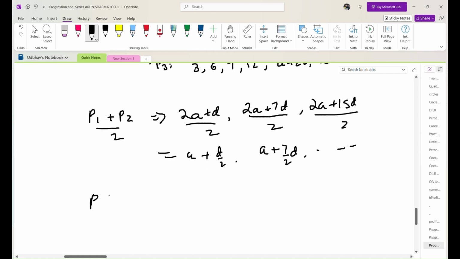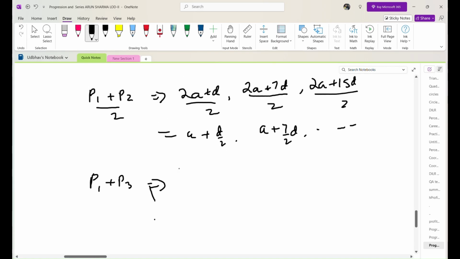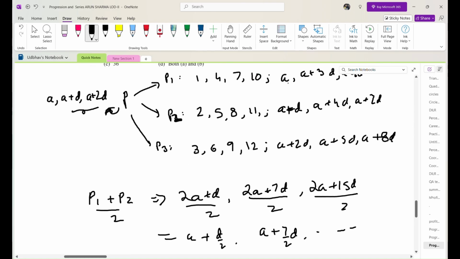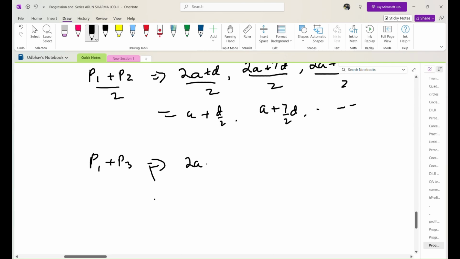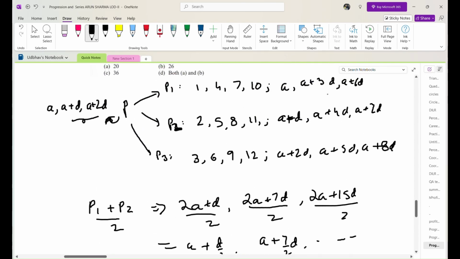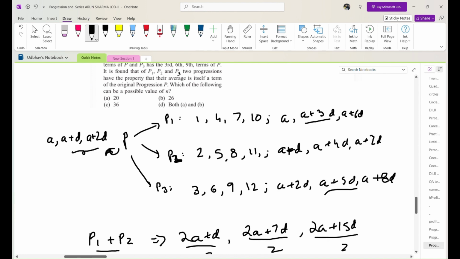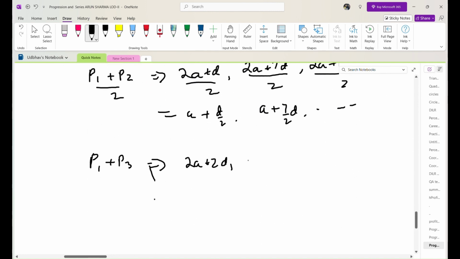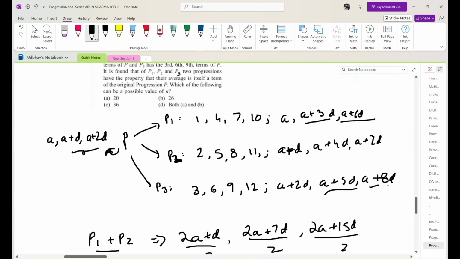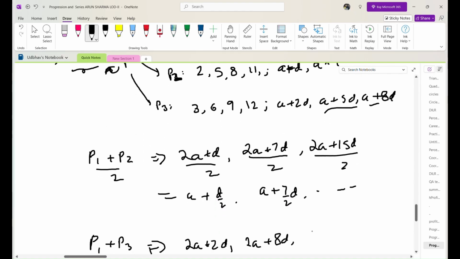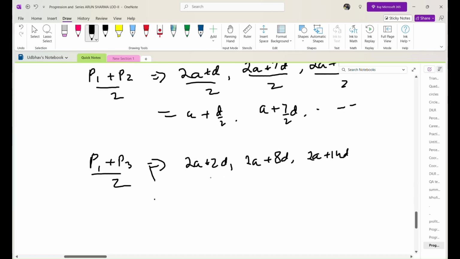Let's try P1 and P3. We'll do this: 2A plus 2D, and then A plus 3D plus A plus 5D, which will be 2A plus 8D, then A plus 6D plus A plus 8D, 2A plus 14D, and divide by 2 because we want the average.